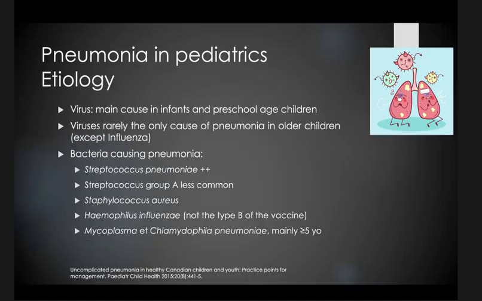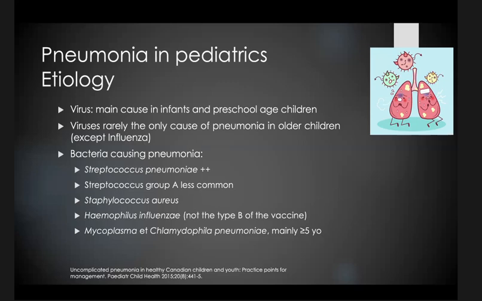Mainly in infants and preschool age children, it's viruses. But viruses are rarely the only cause of pneumonia in older children, if we set influenza apart, because influenza by itself can cause a pneumonia. There's a lot of bacteria that can cause pneumonia.